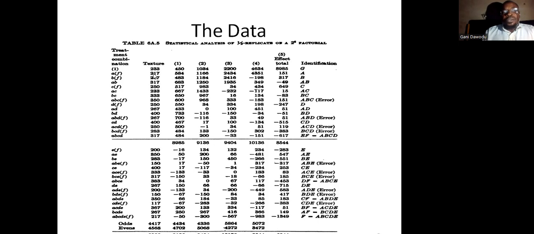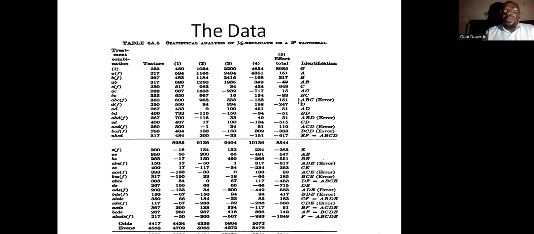I mean, 217 minus 233 will give you minus 16. Okay? 317 minus 267 will give you 50. And that completes that. When you are through with this, you go to the next column. And you continue like that until you go as far as the fifth column. If you do your addition and subtraction very well, you see that the value here will be equal to the value here. That's a check on it.